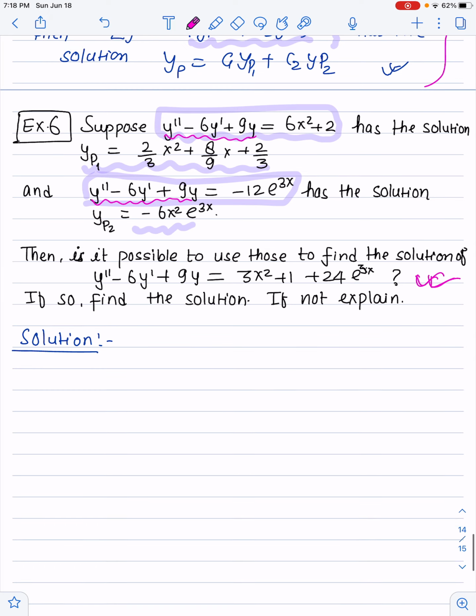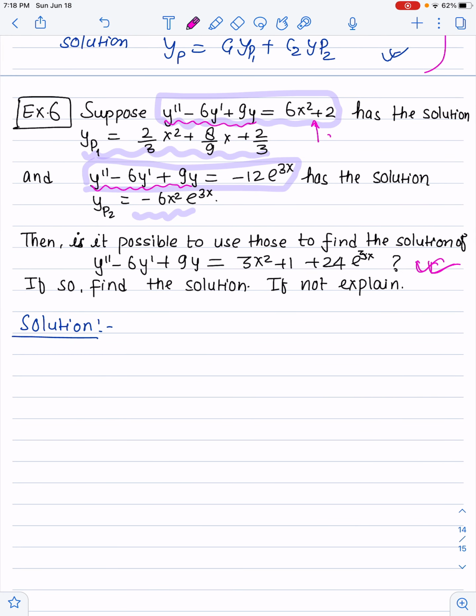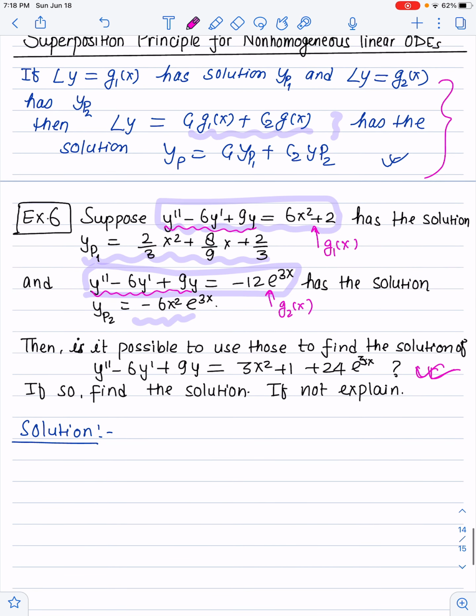I think yes, because let's say this is my z1(x) and this is z2(x). Is it the linear combination of z1(x) and z2(x)? Yes, because if I multiply this equation by 1/2, that will be 3x squared plus 1. And if I multiply this by -2, then that will be this, right?